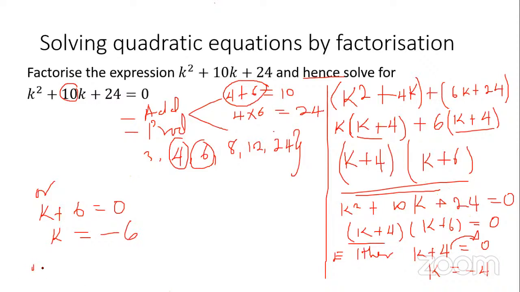And then we conclude and say our k is negative 4 or k is negative 6. And if we substituted either of these values into k squared plus 10k plus 24, we would get 0. But for now, we are not going into that.